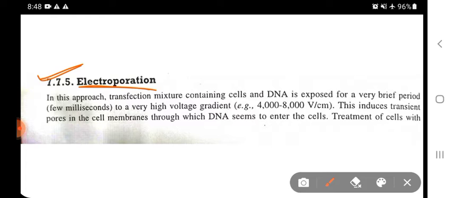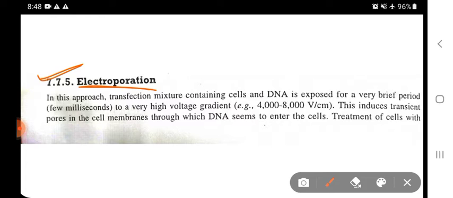If they specifically ask how electroporation can be achieved using an animal cell, then you have to write animal cells. Or if they specifically mention plant cells, then you have to mention plant cells. That's not the problem. You have to modify the notes a little bit, and more or less the technique is the same.